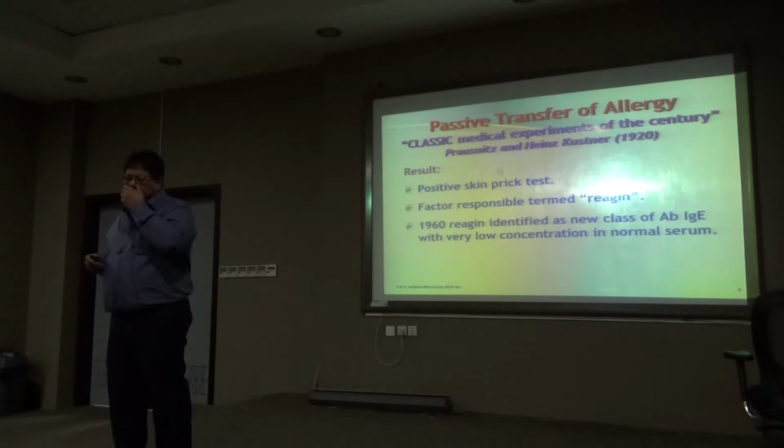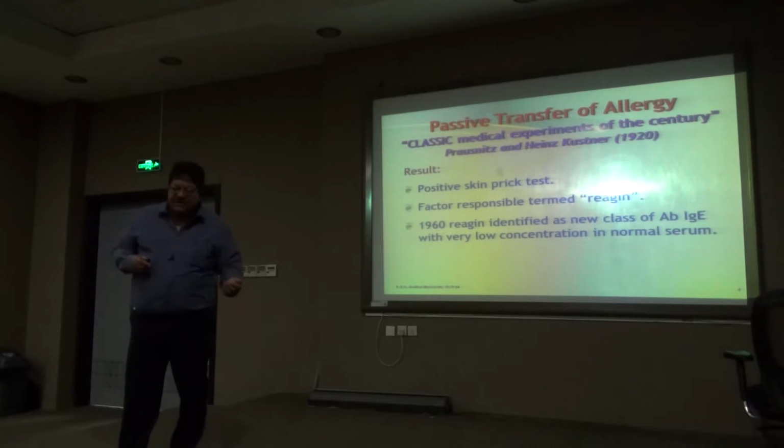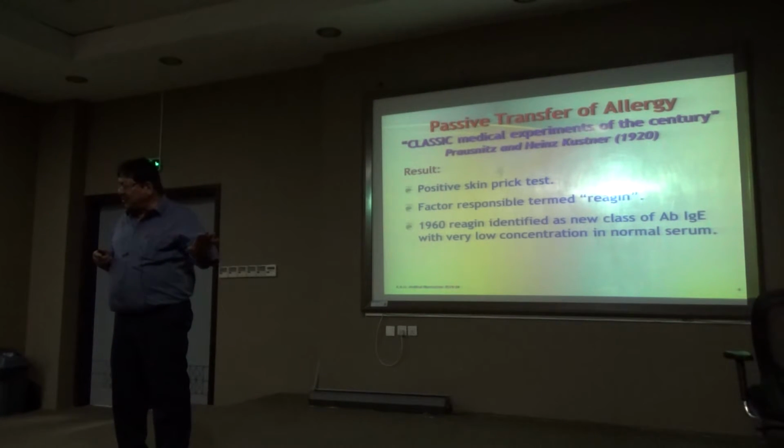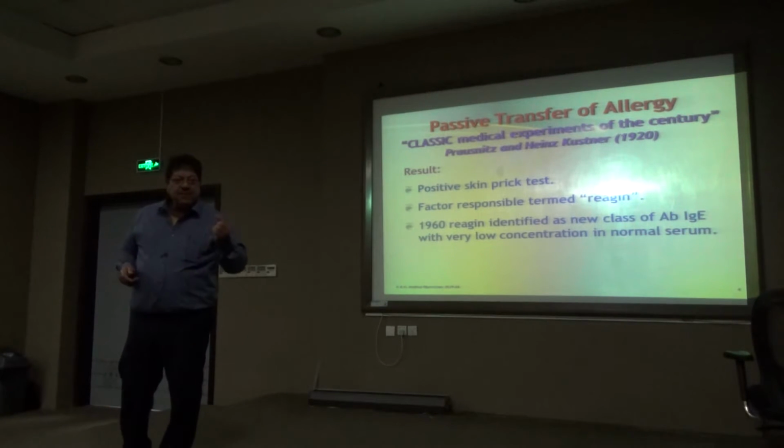So say for instance, a child says, I'm taking strawberries. When I take strawberries, I react, I feel I'm flushed out, I react very badly. What would you do? Avoid strawberries. Don't give strawberries. Now there are many individuals who are allergic to peanuts. Very potent allergen.